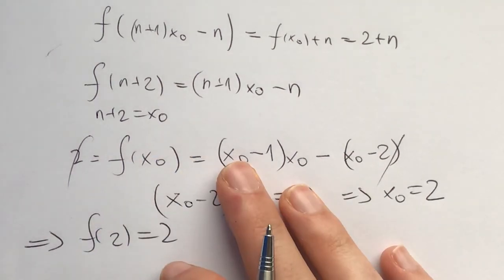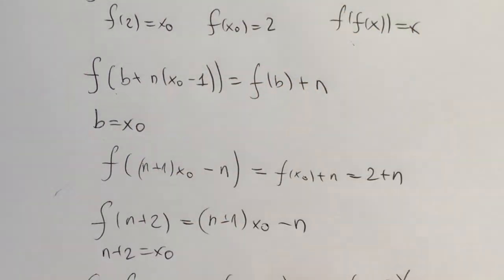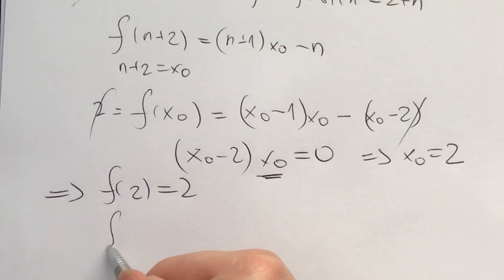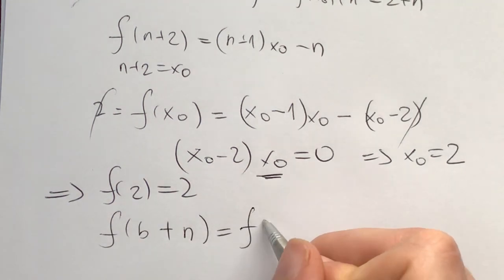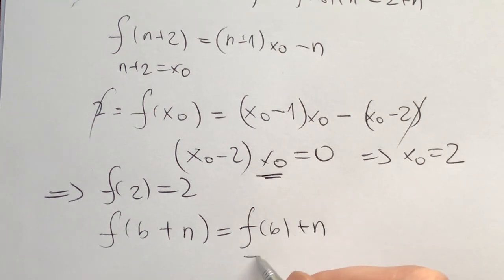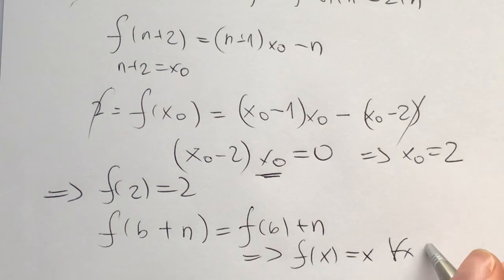And then from our original thing, this implies that f of b plus n is equal to b plus n, which implies that f of x is equal to x for all positive integers x is a solution.